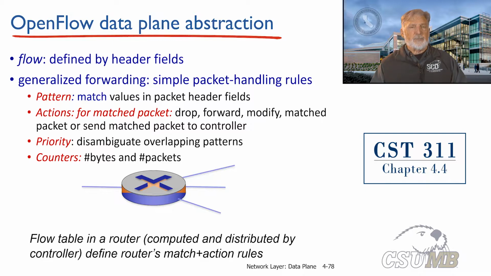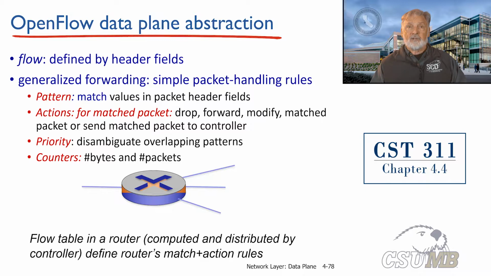OpenFlow uses the concept of a flow, which is a specific type of packet defined by the header fields. The SDN controller examines the flows, looking at the data packet headers, and determines the actions based upon defined rules that match patterns. These actions then become entries in the local flow tables.